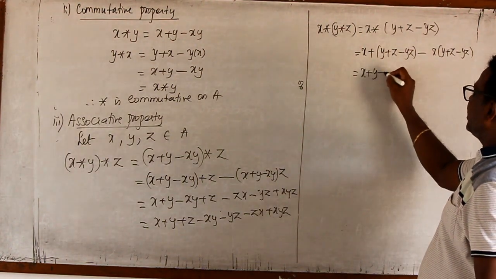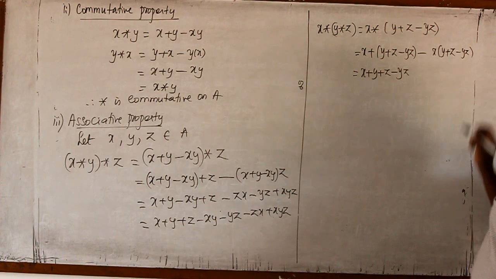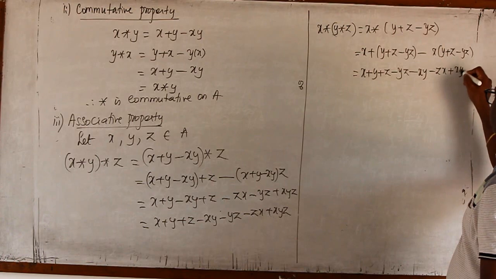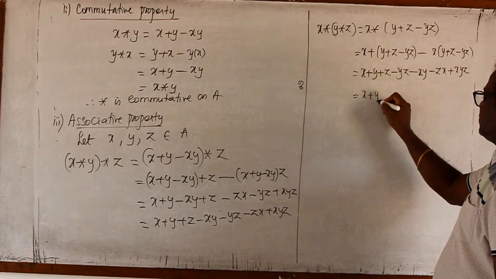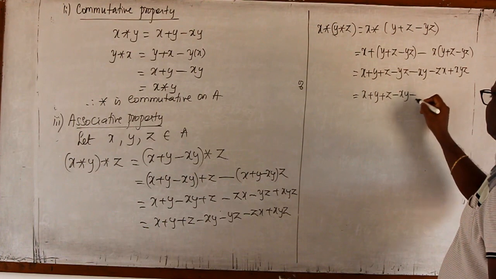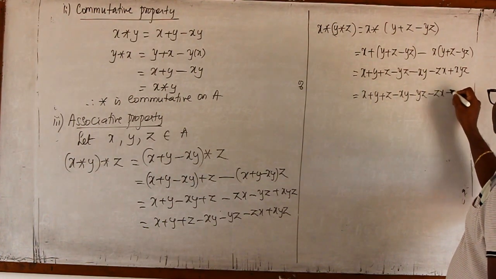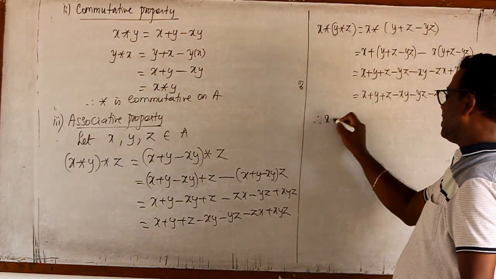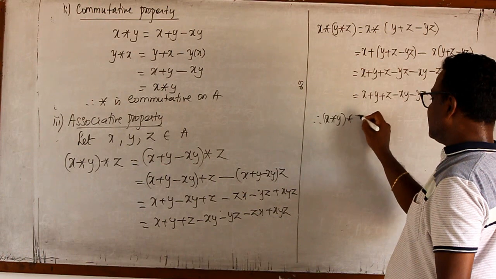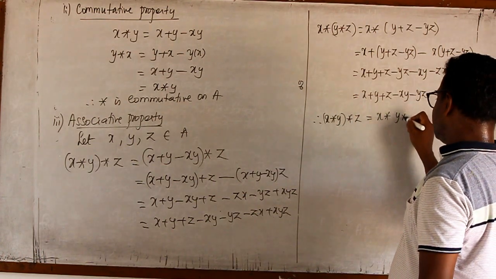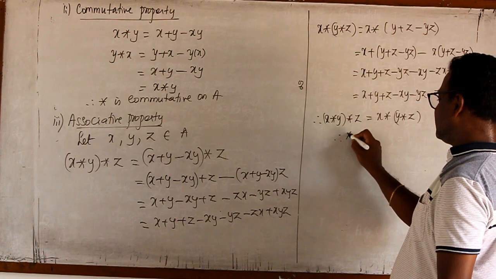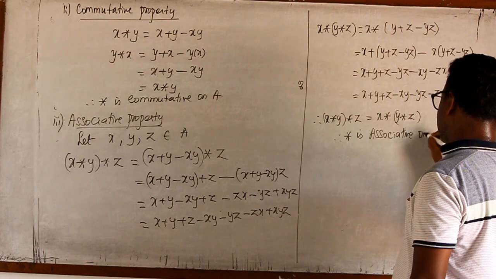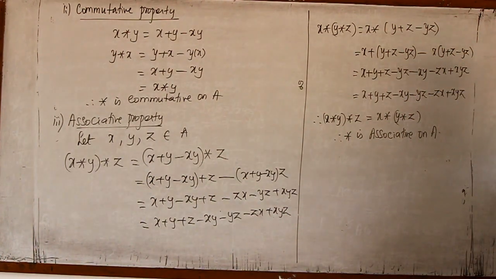Removing the bracket, x plus y plus z minus yz, multiply with minus x: minus xy minus zx plus xyz. So it is x plus y plus z minus xy minus yz minus zx plus xyz. Now see, are they equal? Therefore, (x star y) star z equal to x star (y star z). Therefore, star is associative on A. This is the associative property.